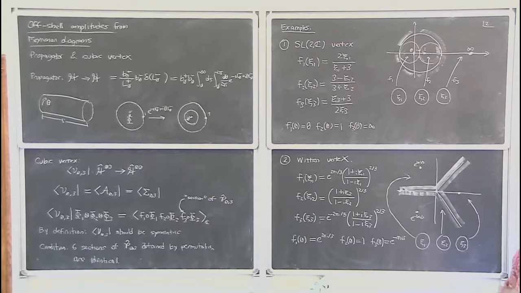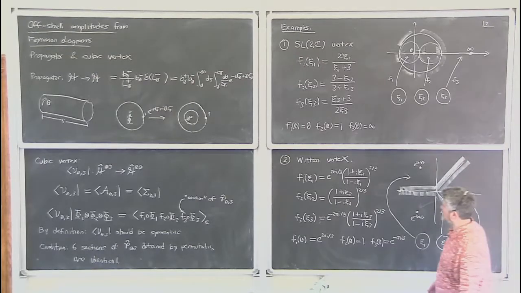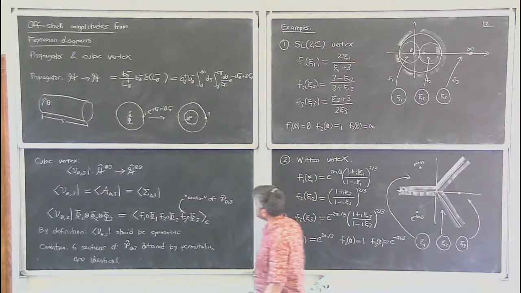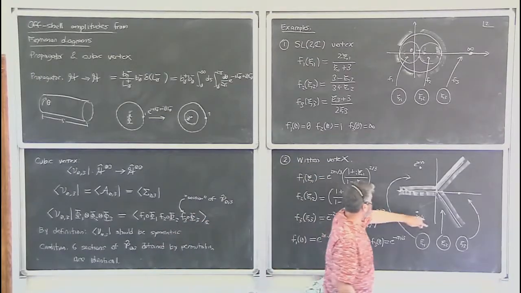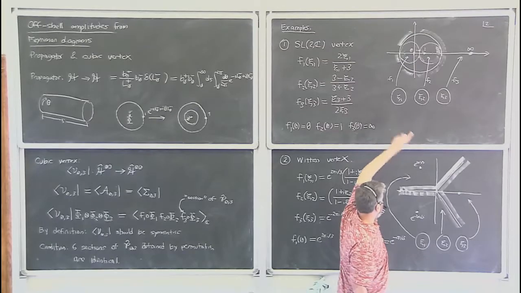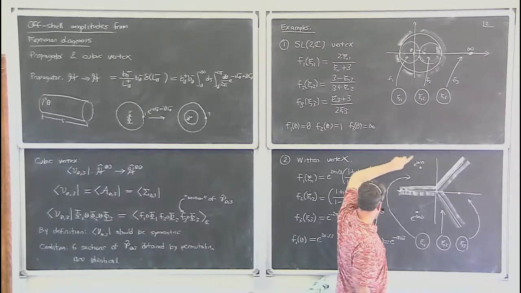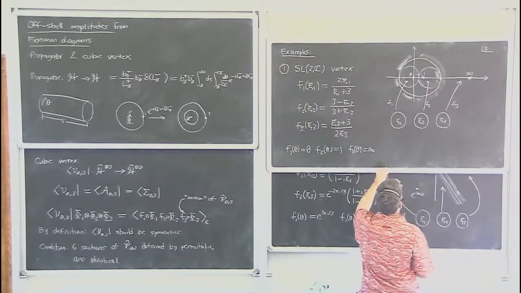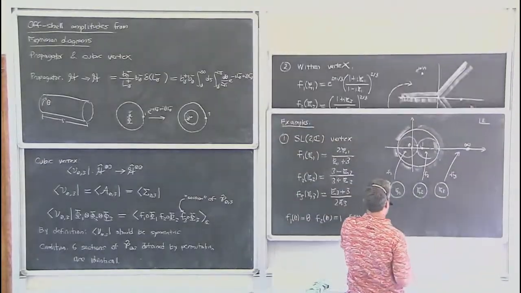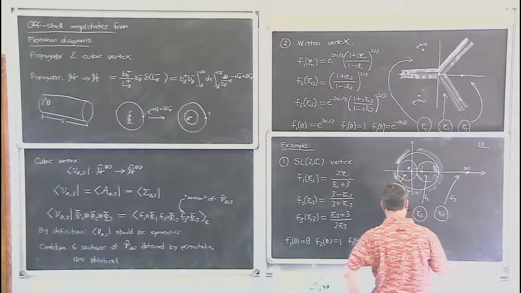Okay. So in fact, if it's helpful, we can also transform this picture into a picture like that, although it's not standard. This is not the standard representation of the Witten vertex.